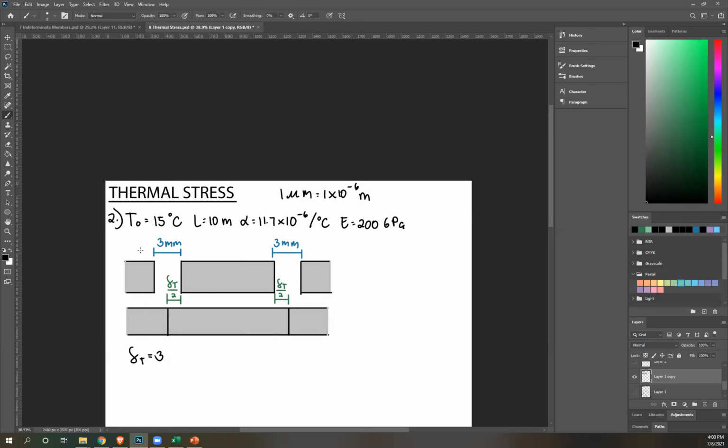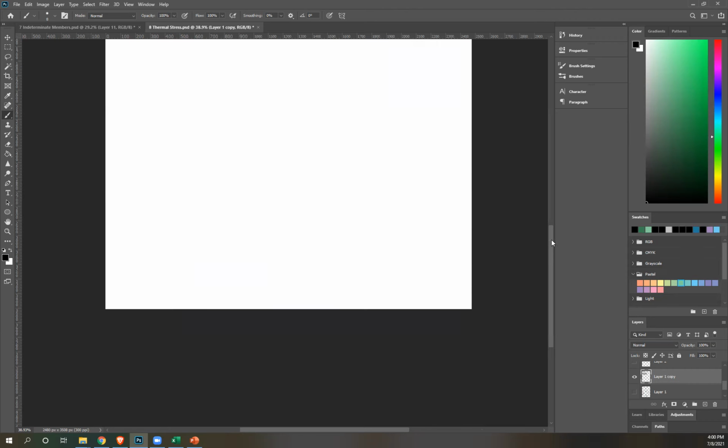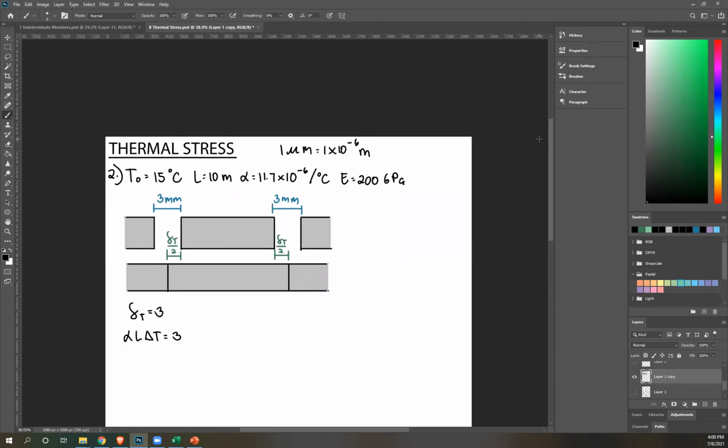And then from this, we can create our equation. So the equation here is alpha L change in T equals 3. Alpha is 11.7 times 10 raised to negative 6. Length is 10 meters. Our units are in Newton millimeter, so 10 times 1,000. And then change in T, TF is what we're looking for. So TF minus initial temp 15 equals 3.